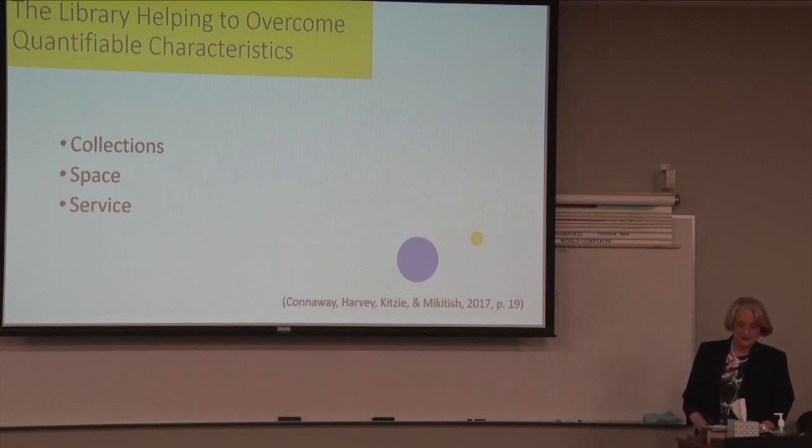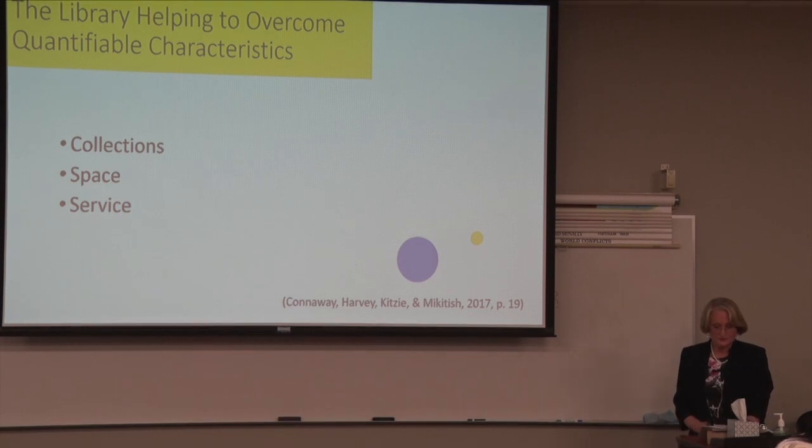We will be looking at our collections, space, and services, and how they can help our students overcome their academic weaknesses. Our collections include the library's physical and digital holdings, and we will look at what we have for students and their academic work, as well as the physical holdings that faculty can check out for professional development. We will also talk about the online collection available for research and how students can access this collection to build up their lagging content knowledge as well as their tech skills.